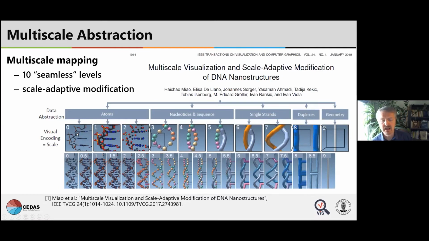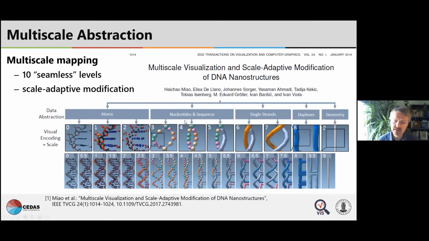And you can see that if you were focused on the atomic scale, they had scales to represent the atoms, they had scales to represent the nucleotides and sequences, entire strands, up to the major overall geometry of such a DNA strand.